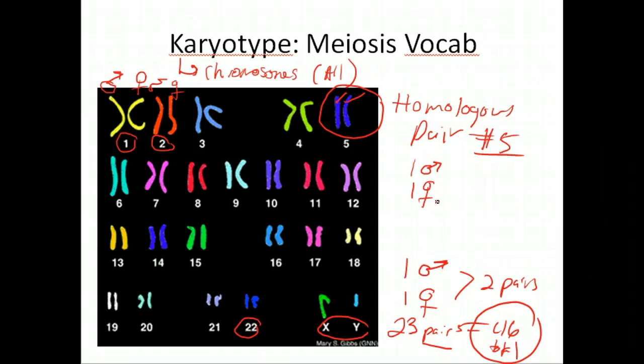So stick with me on the vocab: homologous pair, karyotype, and the number of sets of chromosomes. 23 pairs, excuse me, two sets. So this should say two sets. Two sets of chromosomes, 23 chromosomes in a set, therefore 23 pairs for 46 total.